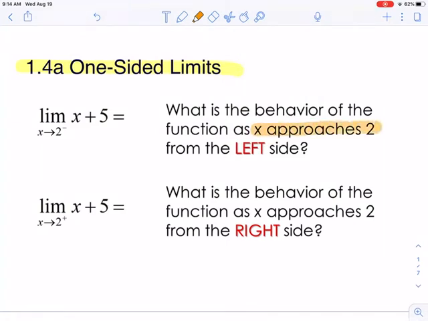Okay, so first we have the limit as x approaches 2 from the left. In this, notice how 2 has a little superscript of a negative. That means we are approaching our limit from the left side.